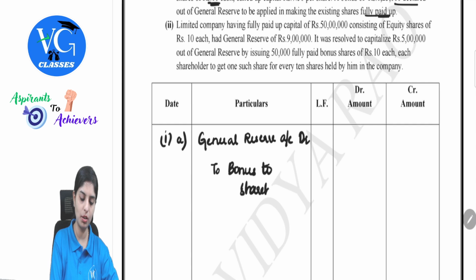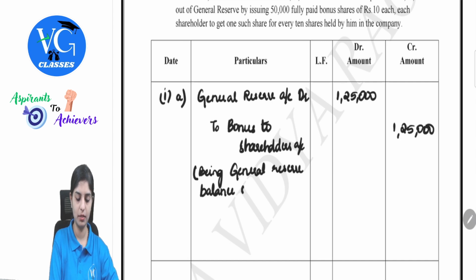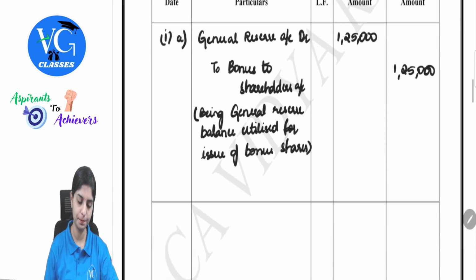General reserve account debit to bonus to shareholders account, 1,25,000, being general reserve balance utilized for issue of bonus shares. What will be the next entry? Making the call due.